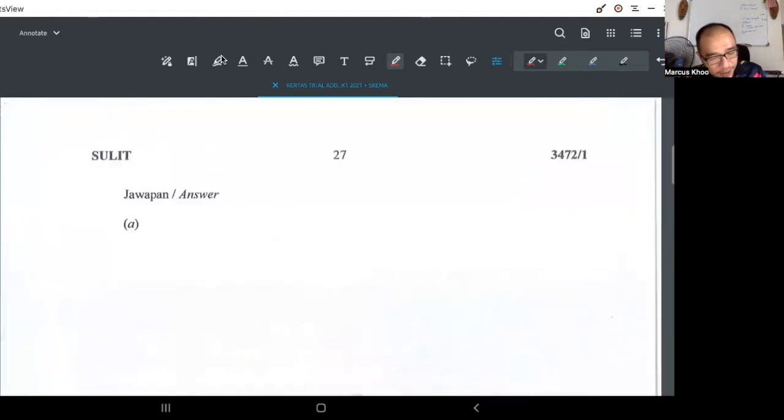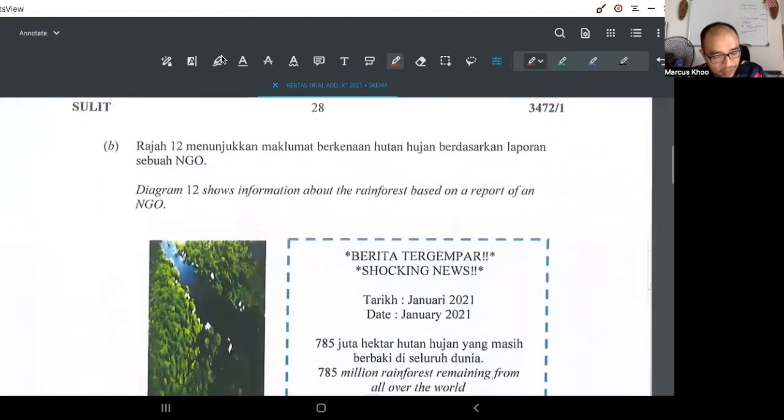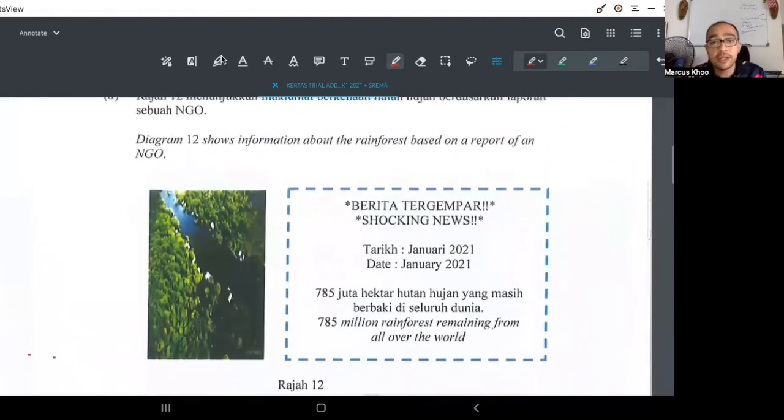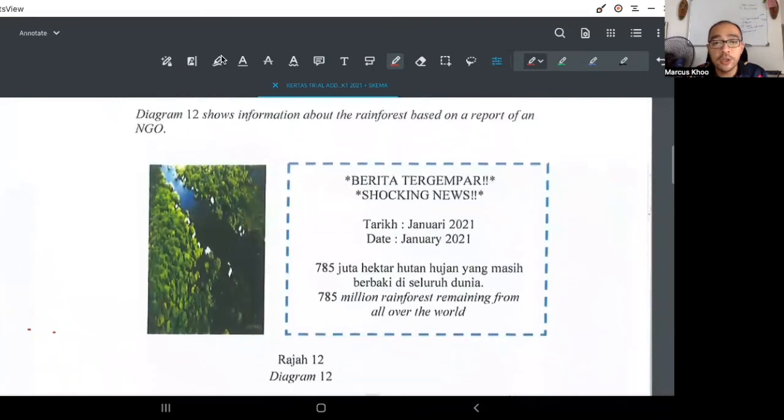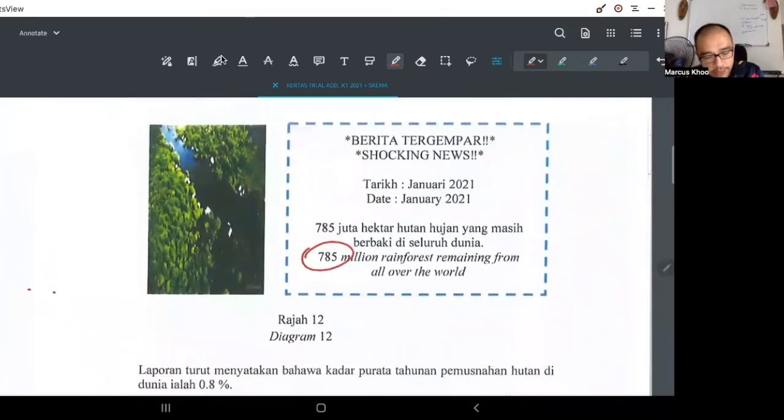Okay, all right. This one, diagram 12 shows information about the rainforest based on a report by an NGO. So this is the number we want, 785 million rainforests remaining from all over the world. Wow, scary.